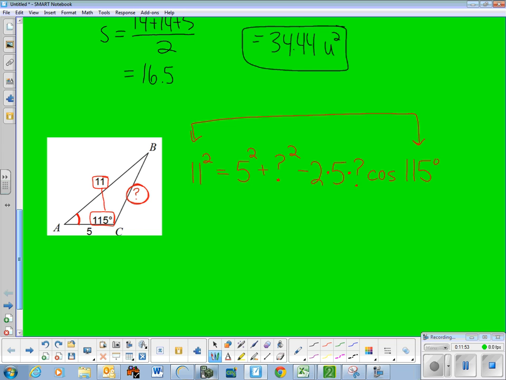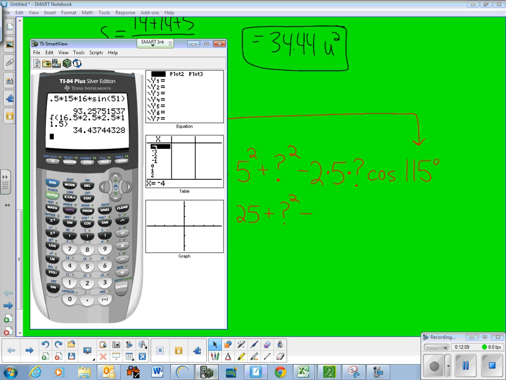Watch how this happens. I get 121 equals 25 plus question mark squared minus, now I've got 10 times the cosine of 115 times question mark. So let's go to our calculator. 5 times 2 is 10 times cosine of 115 gives me negative 4.226.